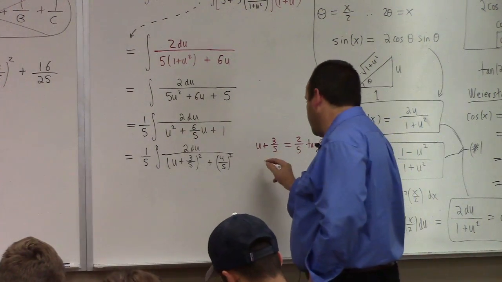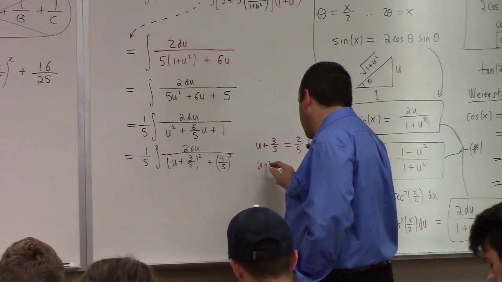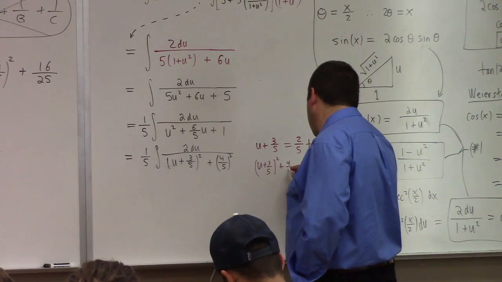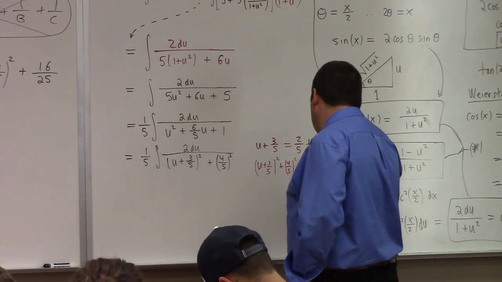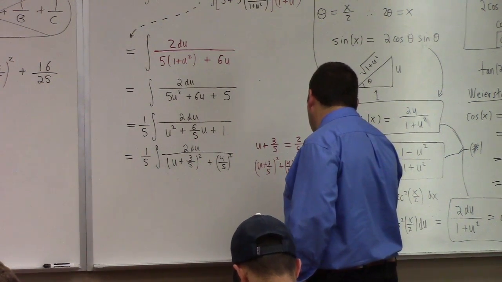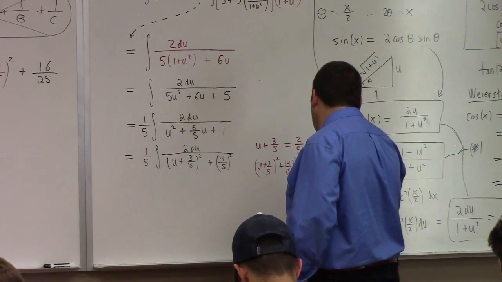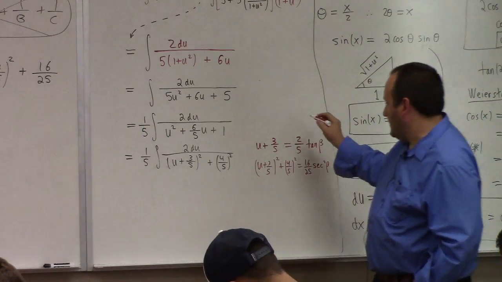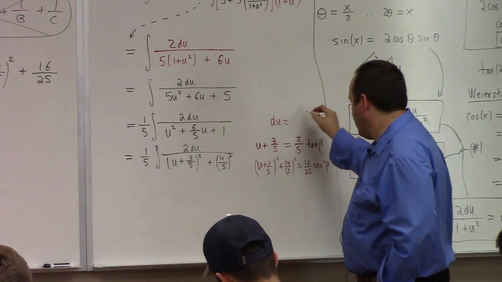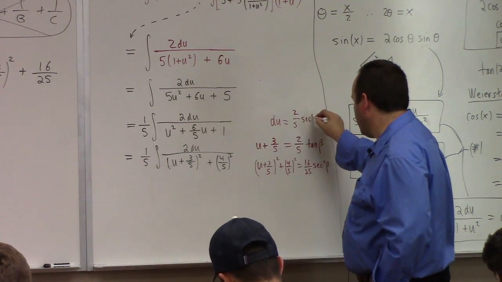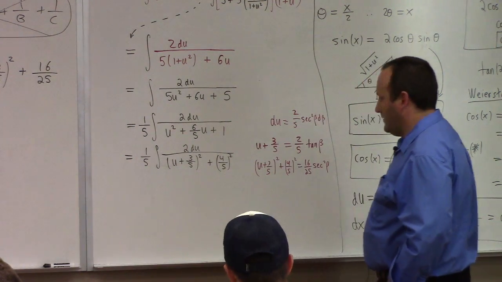With this substitution, u plus 3/5 squared plus 4/5 squared is actually going to equal 16 over 25 secant squared beta. And on the flip side, du is going to equal 2/5 secant squared beta d beta.